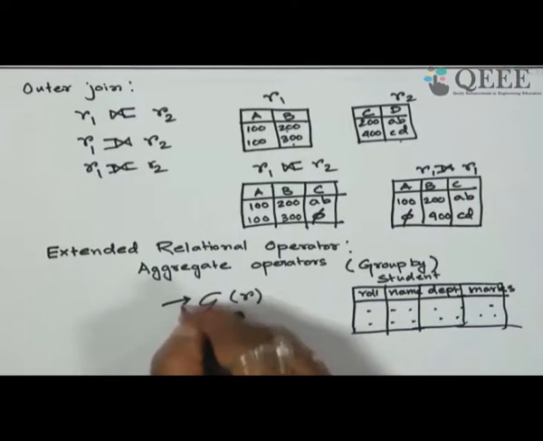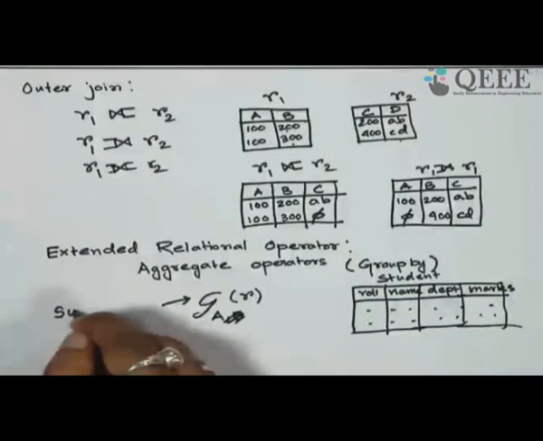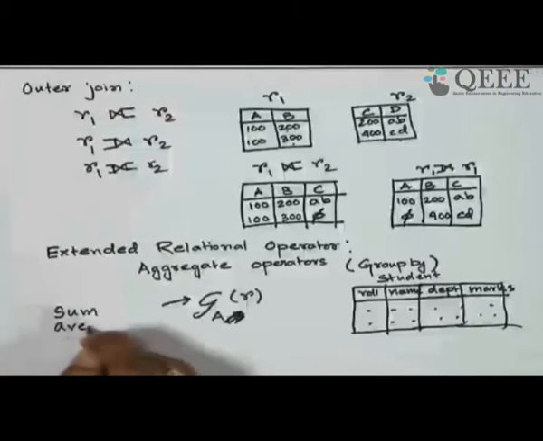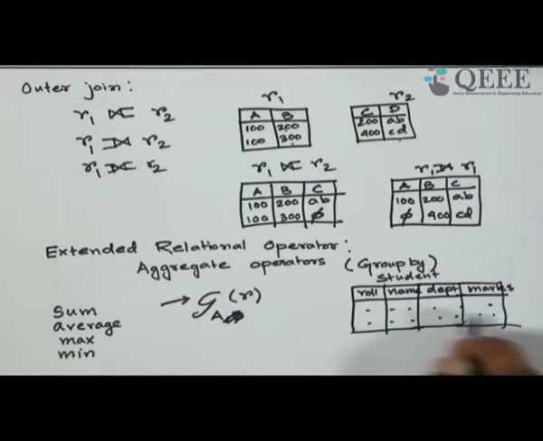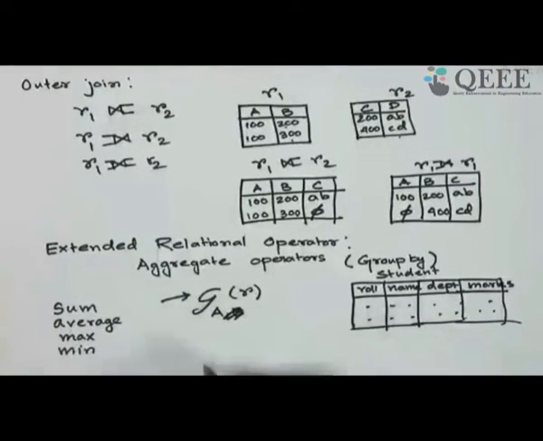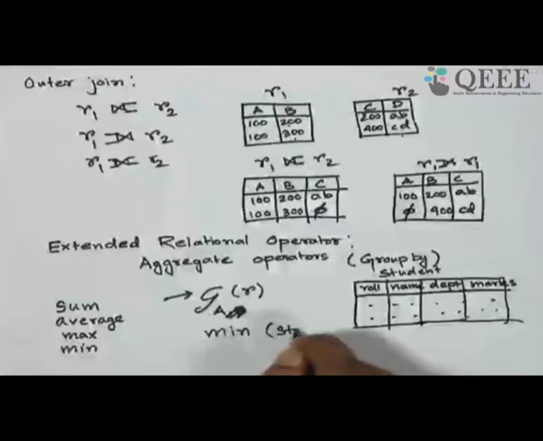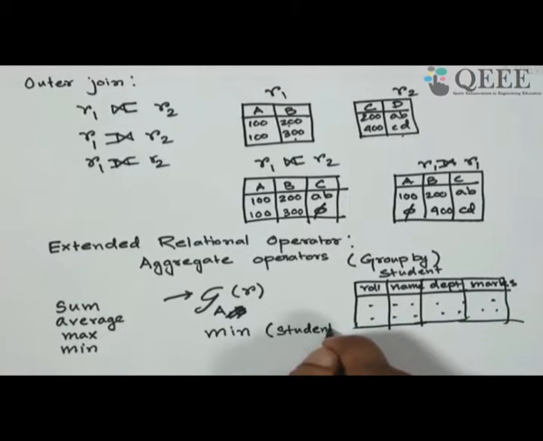Examples of this group by operator would be sum, average, max, min. So for example, if I want to find out the minimum marks among students in all departments, I will write min of students.